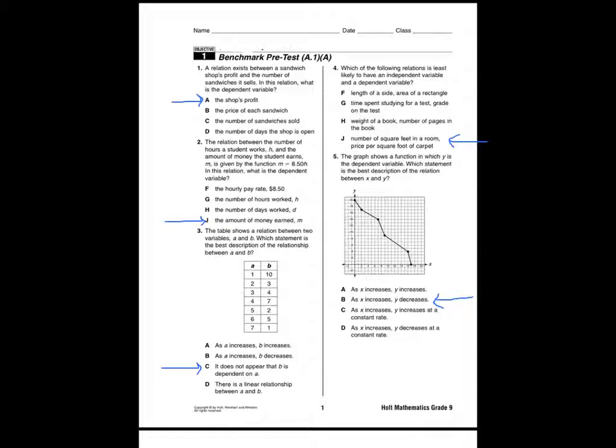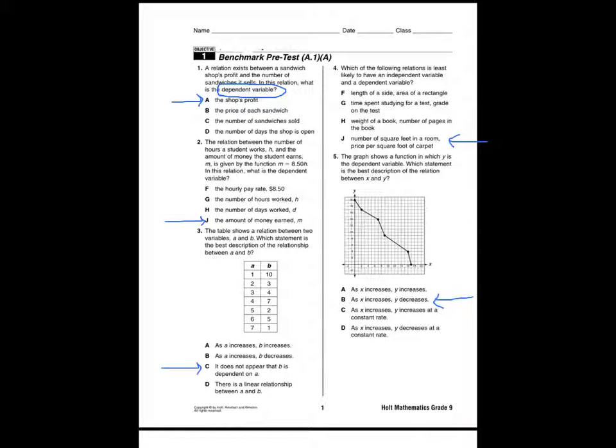If you look at number 1, it told you that we had a relation, which remember a relation is just a relationship between an input and output. So it's not necessarily a function, but we know that most relations are going to have your x and your y. This relation exists between a sandwich shop's profit and the number of sandwiches it sells. In this relation, what is the dependent variable? Well, the dependent variable is the one that would be our output or our y value.